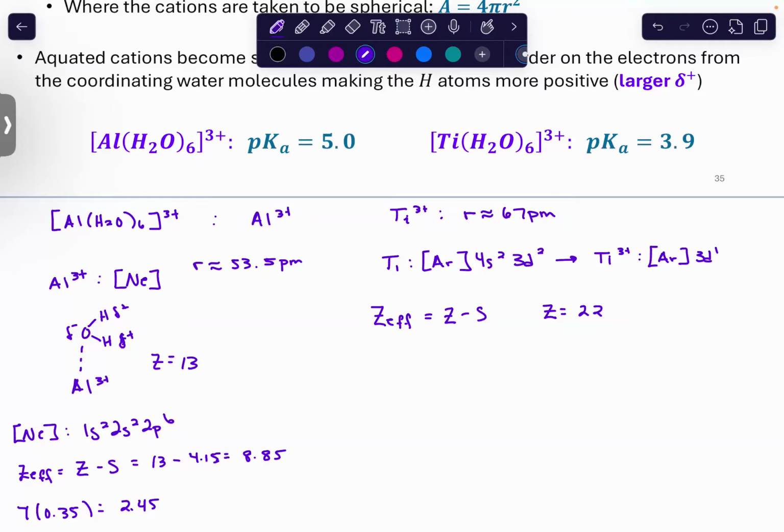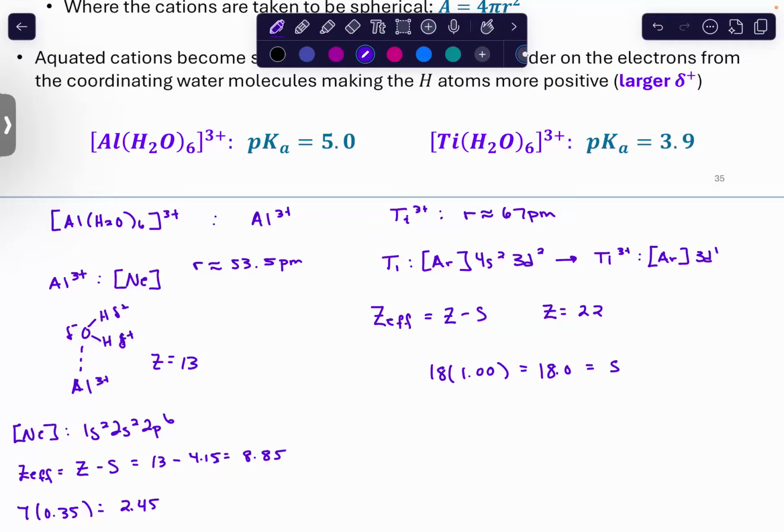So what we know now is electrons in smaller shells are all going to contribute 1. So if I say I have that 1 electron in the 3D shell, how many electrons am I going to have in smaller and lower shells? The argon will give you about 18 electrons. So for electrons in other shells, you're going to have 18 times 1.0. And so that's going to be your S value, your shielding value.